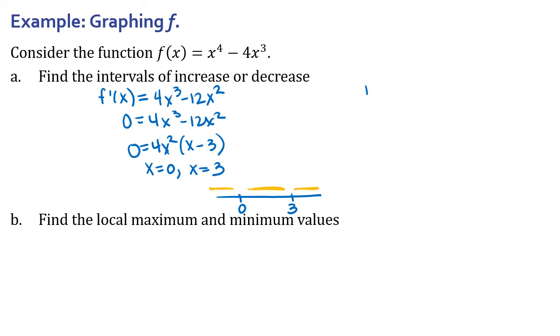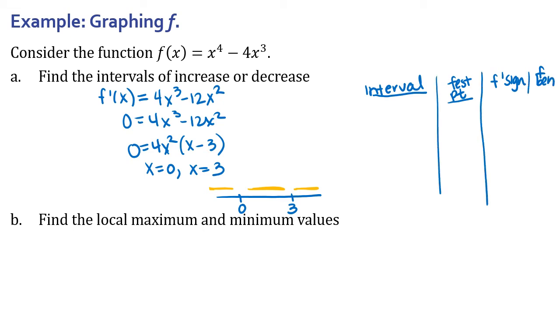If I was creating my table, you're going to have your interval, your test point, the first derivative sign, and then the behavior. I'm going to run out of space. All right, the first interval is from negative infinity to 0.